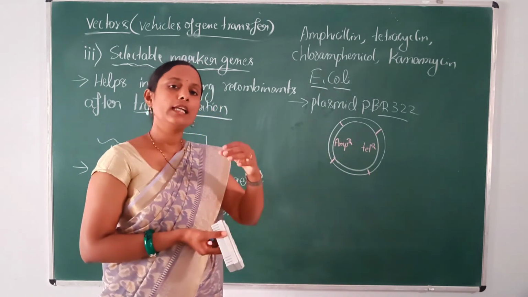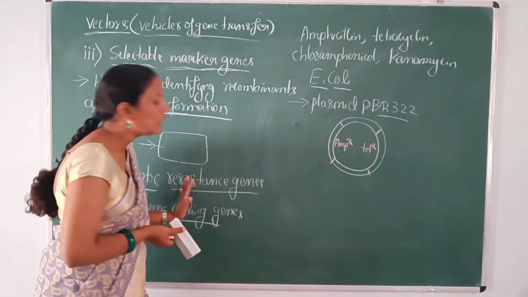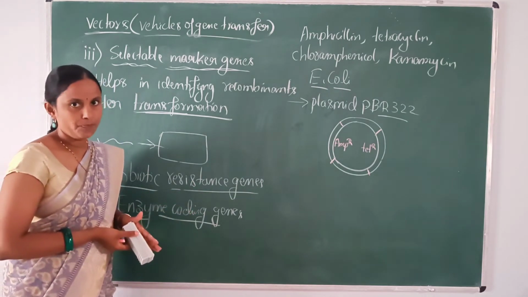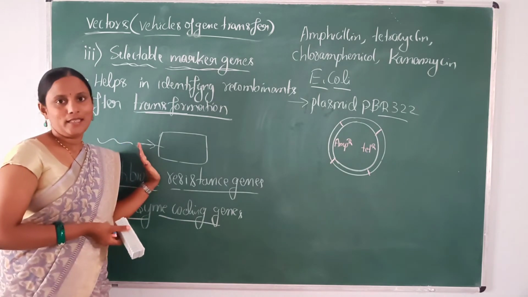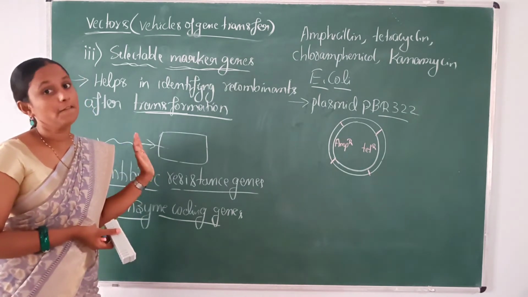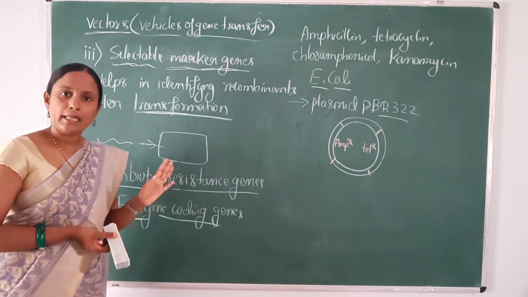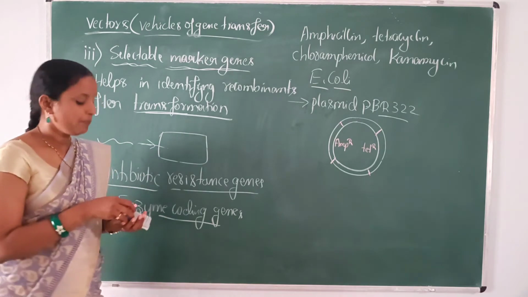So for that, the selection is very important. For selecting, we use either antibiotic resistance genes or enzyme coding genes. So this is a very important criterion for using a vector. It should have at least one selectable marker gene.